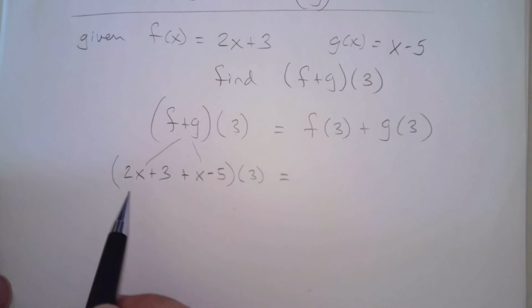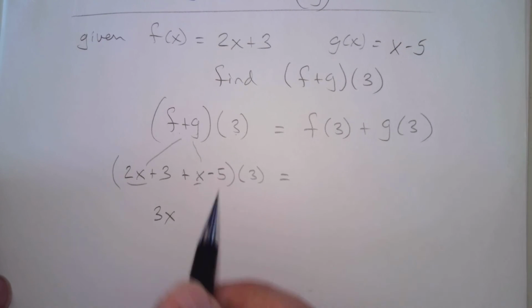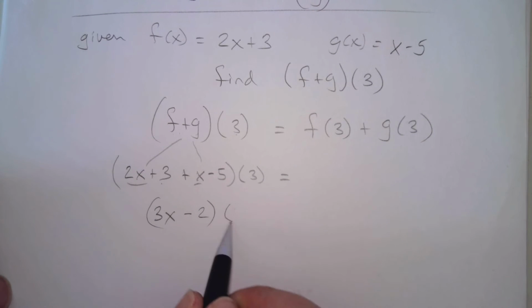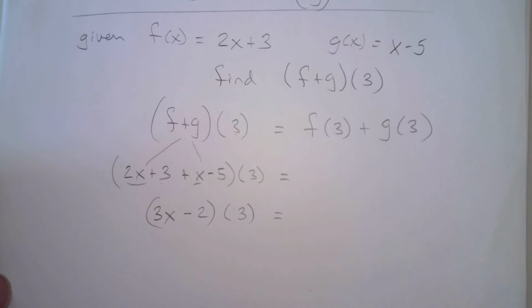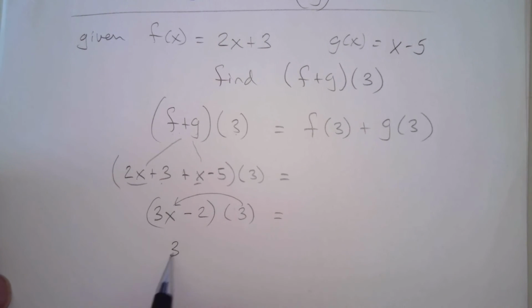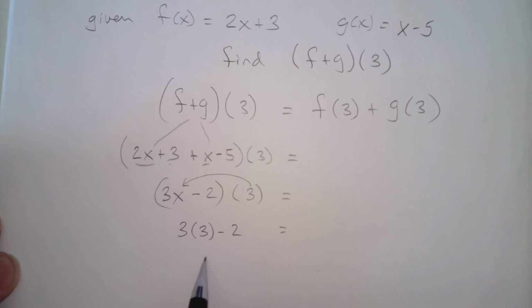Okay, so first thing I do is combine like terms. 2 plus 1 is 3x. 3 minus 5 is negative 2. Now, anywhere I see an x, I put a 3 in there. 3 times 3 is 9. Minus 2 is 7. That's one way.